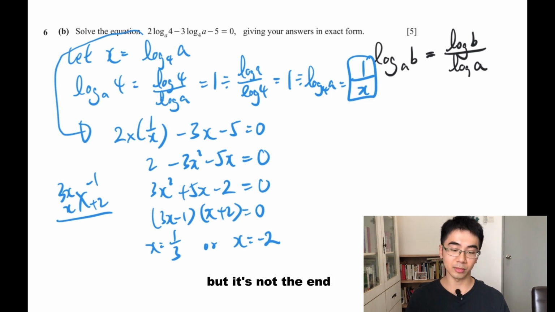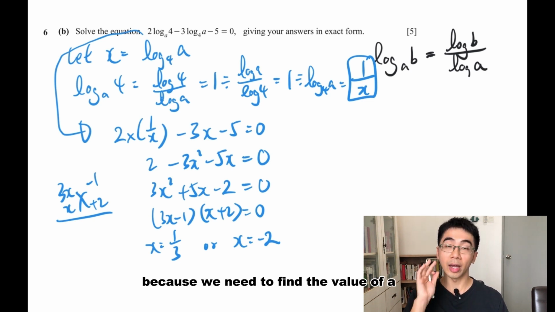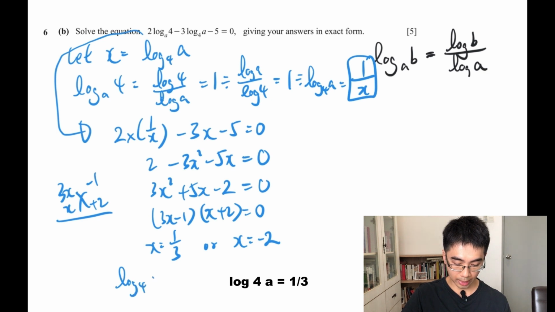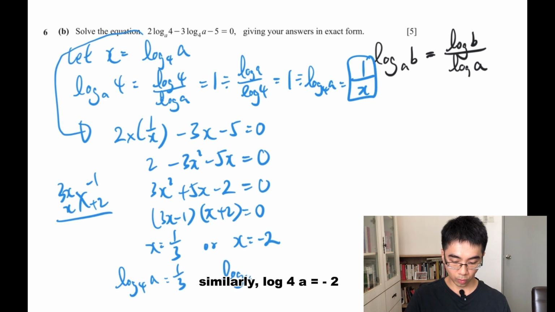All right, because we need to find the value of a, x is equal to 1 over 3. We just substitute back here. It should be log 4a is 1 over 3. So similarly, we have log 4a is -2.